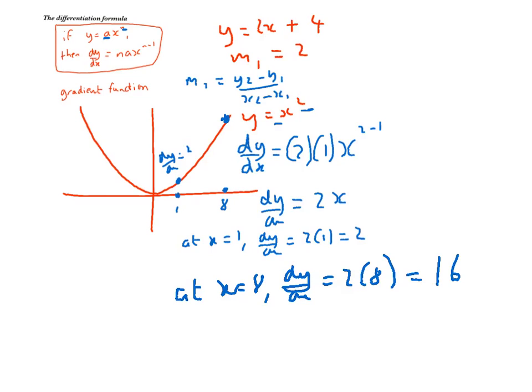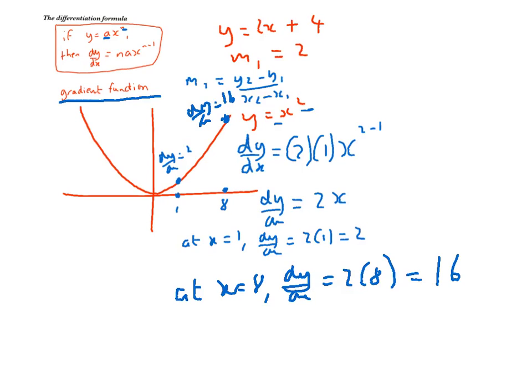So at this point, dy over dx equals 16. So you see the gradient is not constant on a curve, which is the whole point of differentiation, to find the gradient function, because it is not constant.